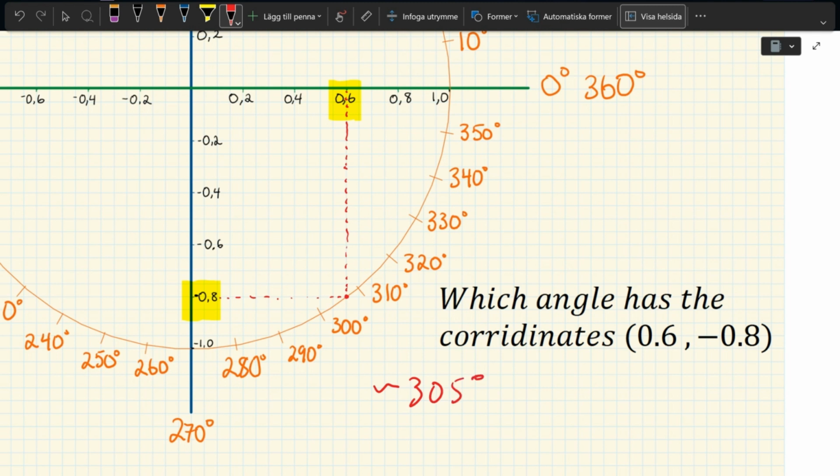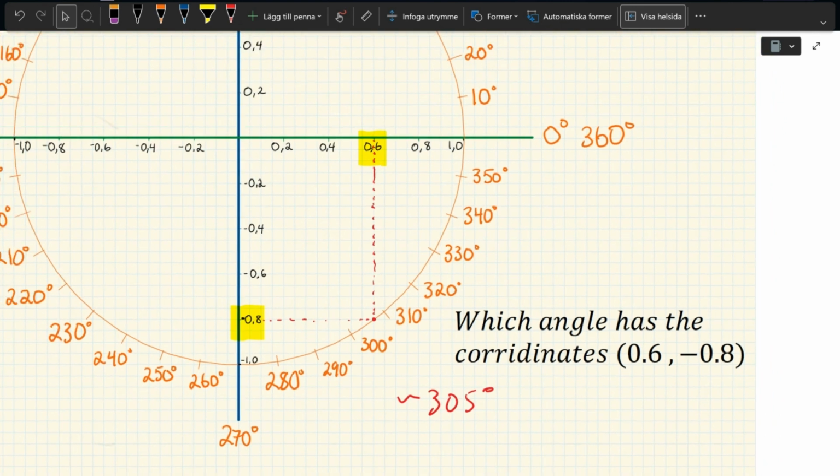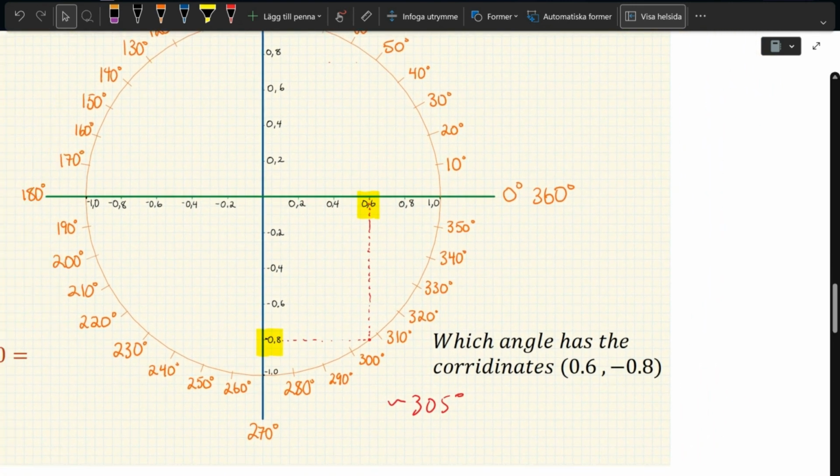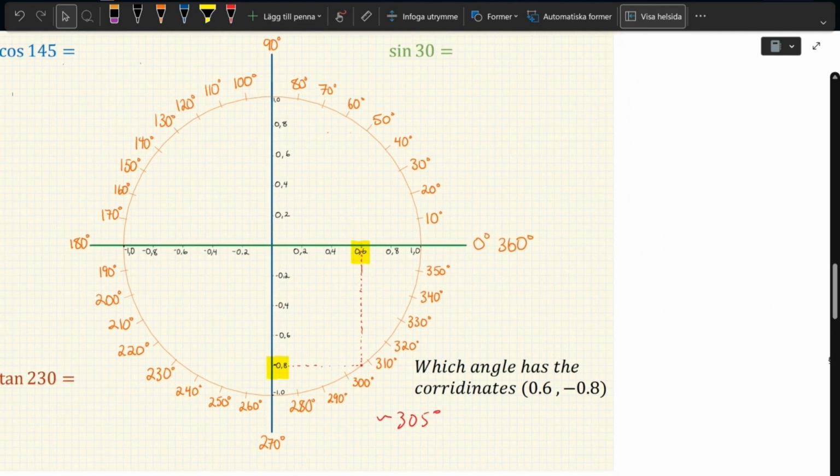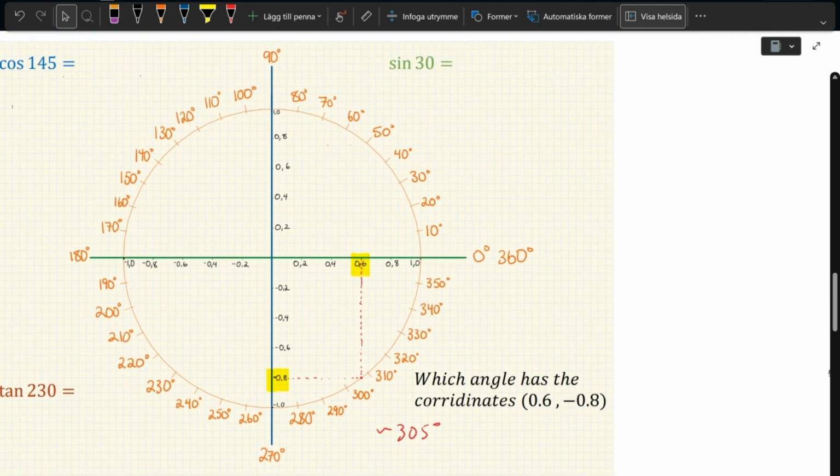So I hope this video is helpful in getting a better idea of how to use the unit circle, why it's helpful, and also I hope that it was helpful to see the two special triangles that we were able to use to calculate. We can use the first triangle, the 45-45 triangle.